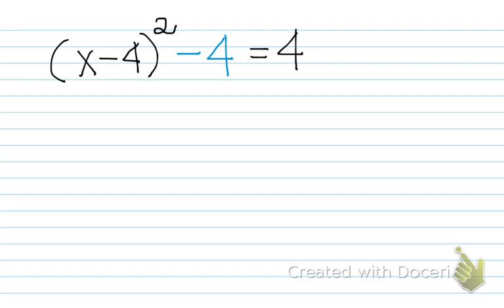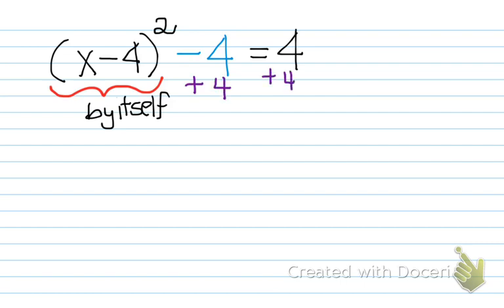You've got to get the quadratic by itself in order to solve the problem. We need to move the minus 4 over to the other side by adding 4 to both sides.